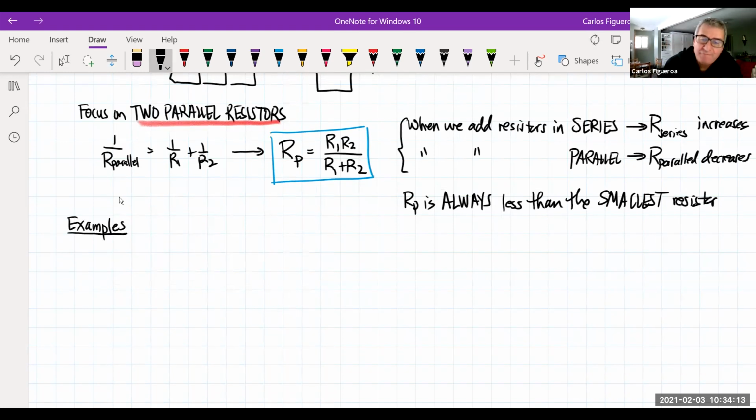What people fail to realize is that you can move resistors that are in parallel all the time. So imagine that I have a branch here, and then I have a whole bunch of parallel resistors.